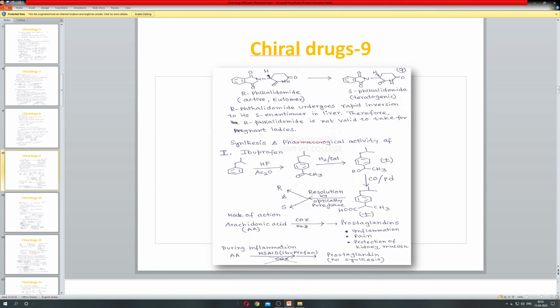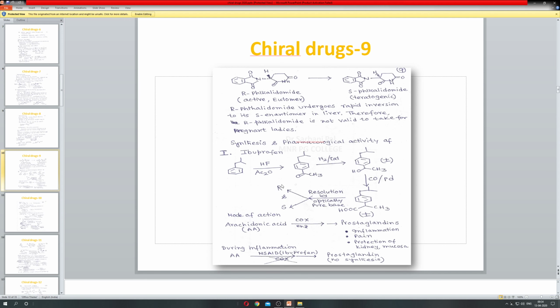These bases are alkaloids. So by using this alkaloid, we can separate the R ibuprofen and the S ibuprofen. Now the ibuprofen synthesis is over.